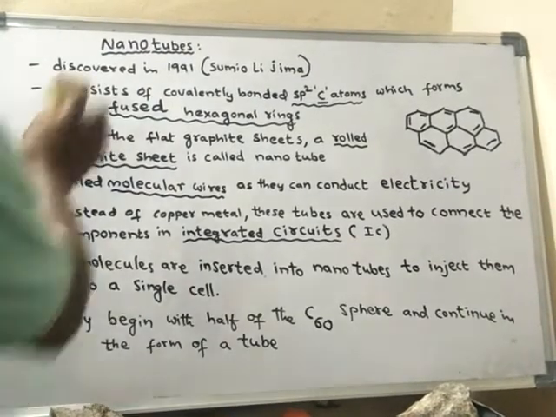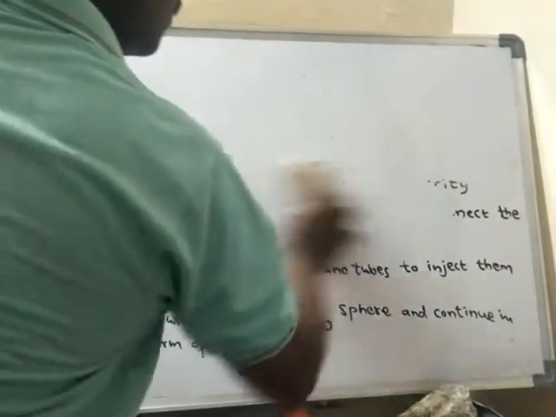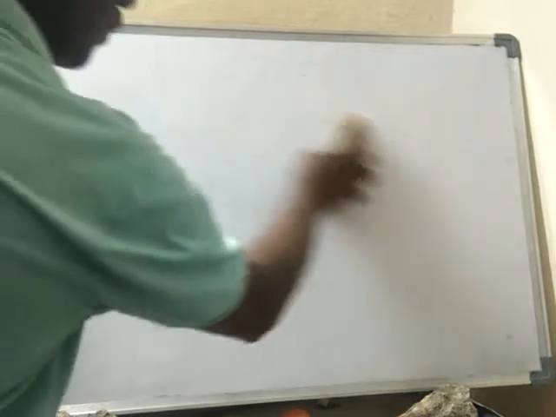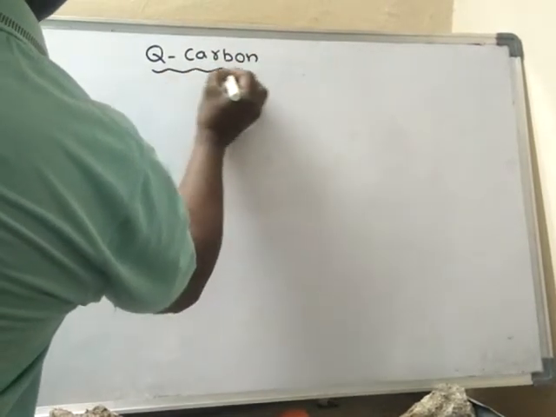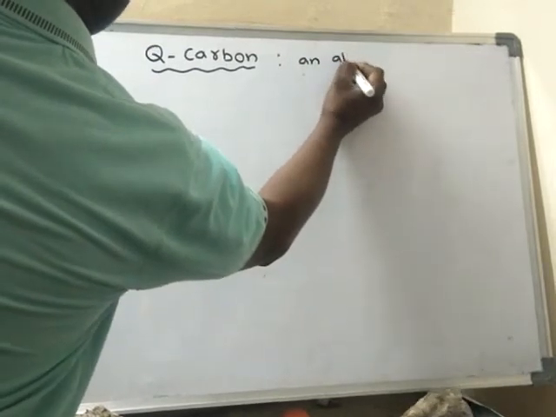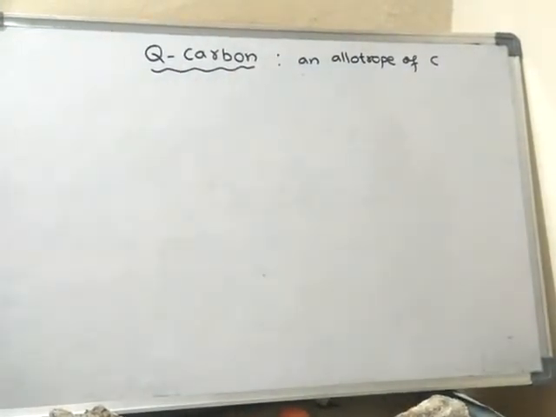Q carbon is also an allotrope of carbon.